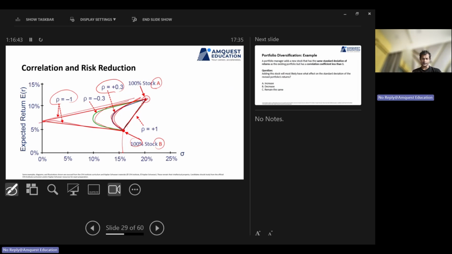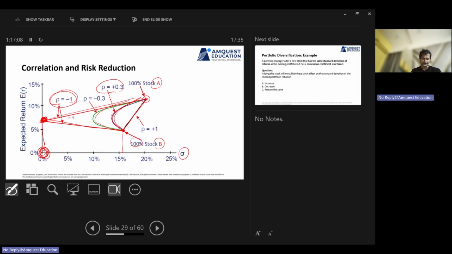Okay, this is because as the correlation is more negative, the risk return will be more diversified. You'll notice one thing, when it's -1, there is a point on the curve where risk can be 0. It's possible to reduce your portfolio risk to 0%. You can't make it 0 in any other situation.